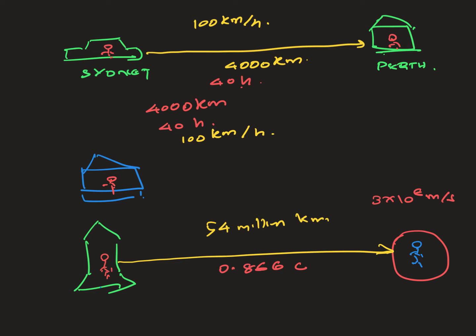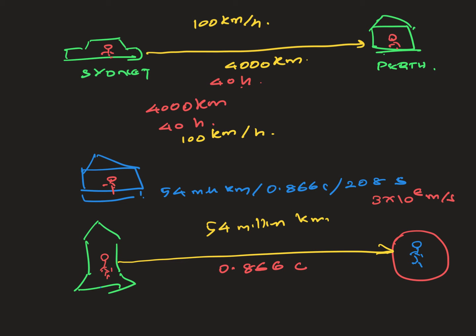So according to you, it's 54 million kilometers, and the speed is 0.866 c, and the time is 208 seconds. You basically divide the distance by the speed, and you will get the time it takes.